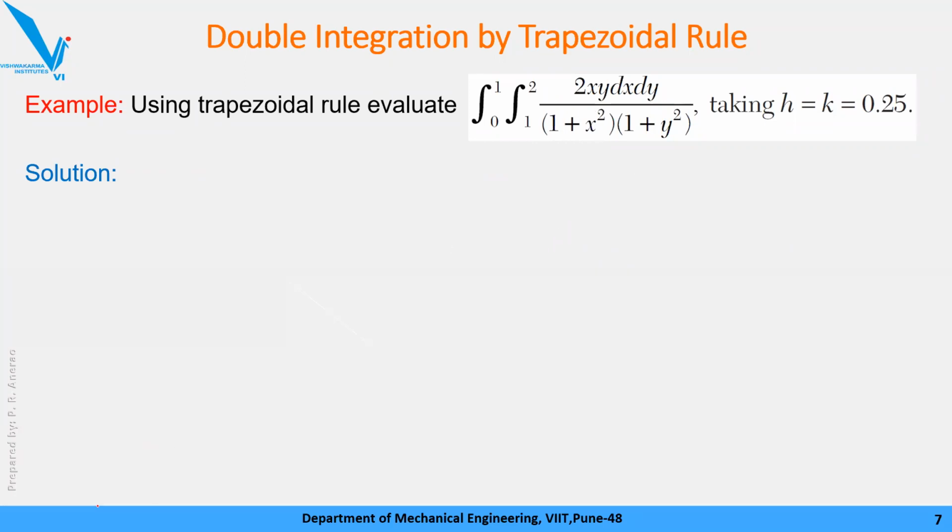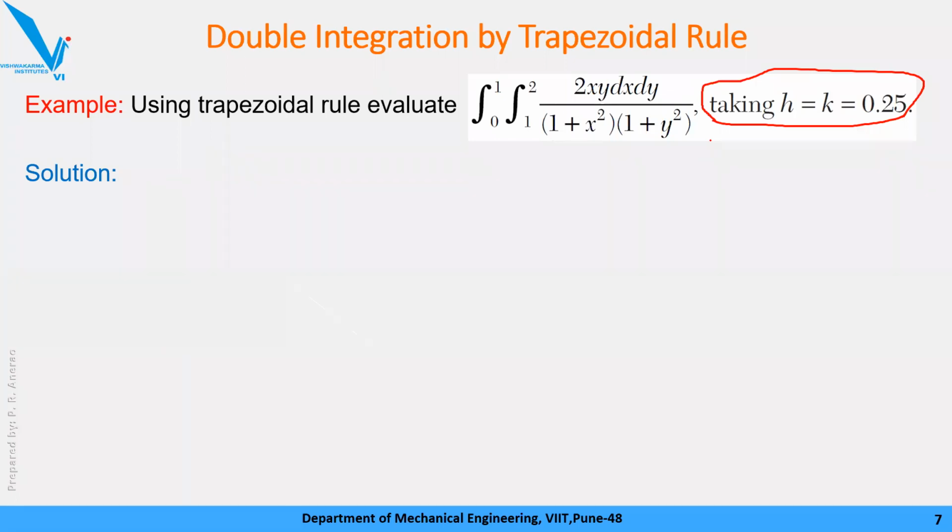Now to solve this numerical, see, already the problem statement has reduced your number of steps. So step number 1 was assuming number of strips or segments. जरूरत नहीं है because h and k are already given to you. The thickness of strip h and k is already given.